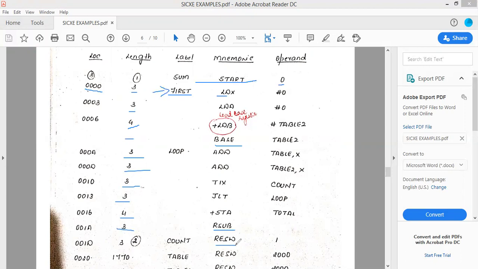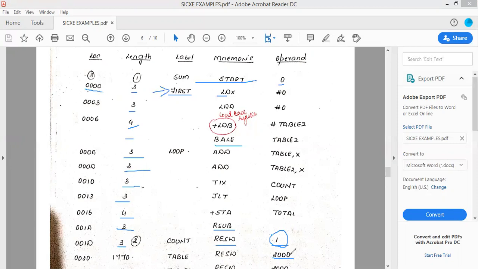Now coming to RESW. I hope you remember this; it is there in every assembly language that you see. With RESW, you have to reserve this much amount of word or data area, so you multiply the operand with 3. Here you have a 3. Next, RESW 2000: 2000 multiplied by 3 is 6000, and 6000 should be converted to hexadecimal.